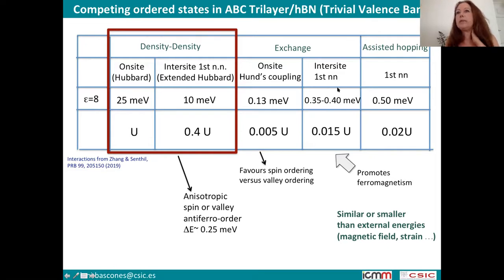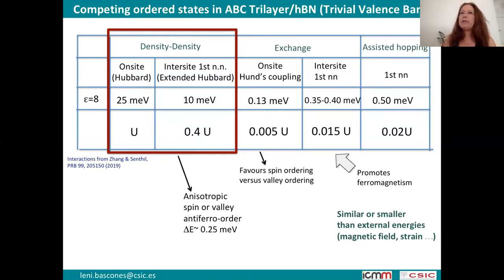But what seems to be more interesting is this direct exchange. So the values of this exchange are similar. They can be even larger. So in a normal situation, one can find even ferromagnetism. But the main message from here is that the system can order antiferromagnetically in principle.